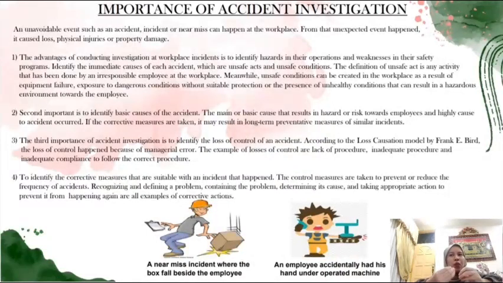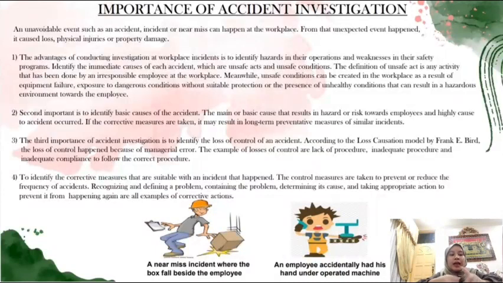Furthermore, we need to know the definition of unsafe act and unsafe condition. An unsafe act is any activity that has been done by an irresponsible employee at the workplace. Meanwhile, an unsafe condition can be created in the workplace as a result of equipment failure, exposure to dangerous conditions without suitable protection, or the presence of unhealthy conditions that can result in a hazardous environment for the employee.